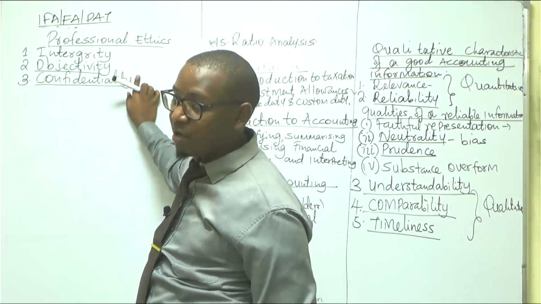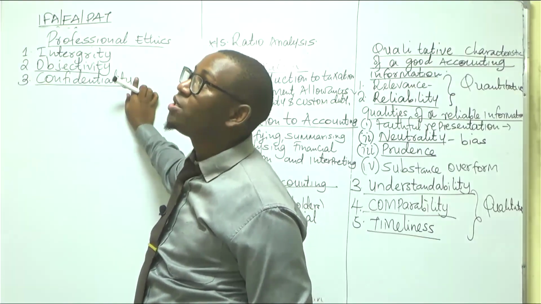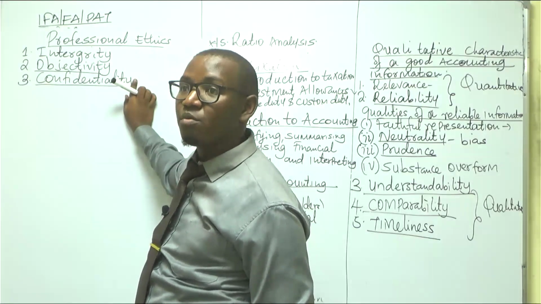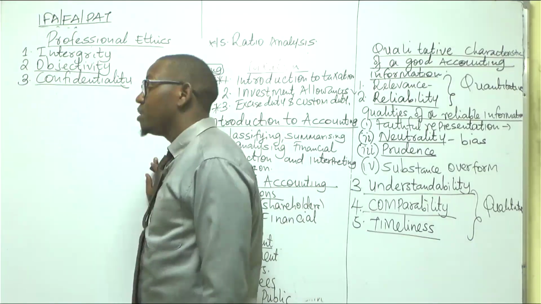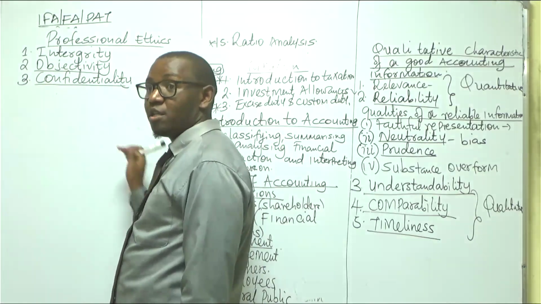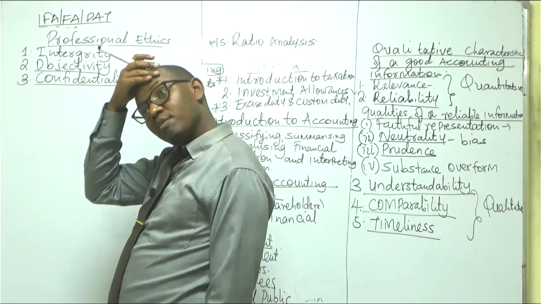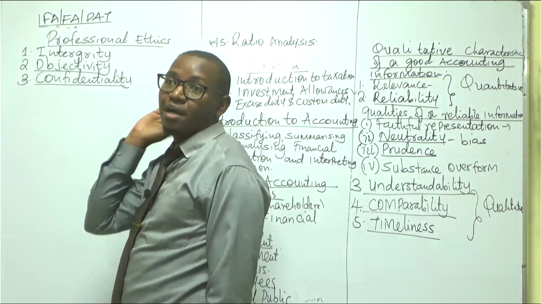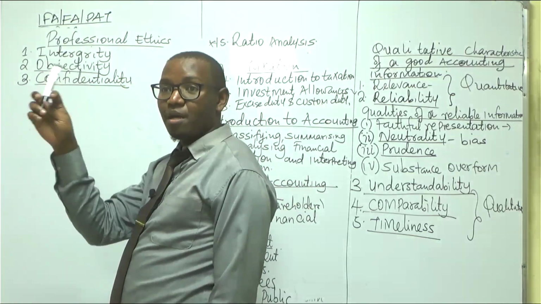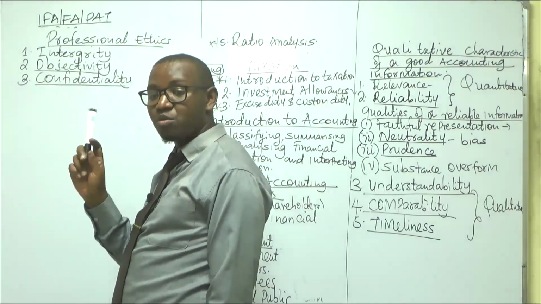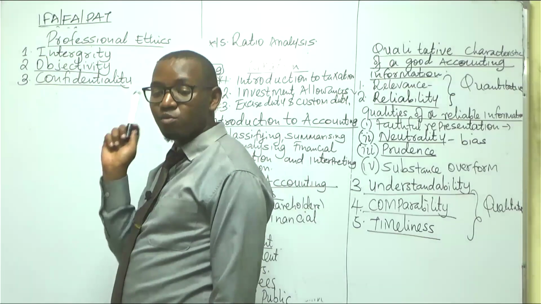If they require information, you can disclose it without their permission. Number two is when giving evidence in court. You are acting as a witness, and you are supposed to give the information, you have to disclose it.